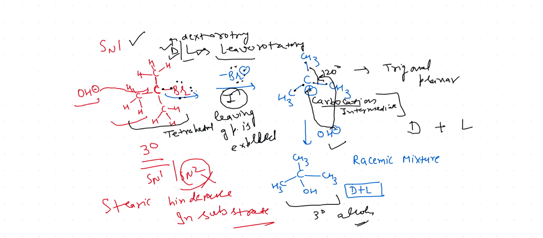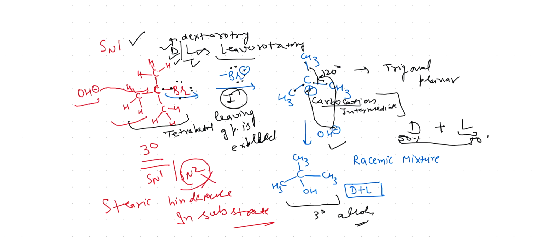You can see here bromine is on the right side. If we take a chiral compound, it is either in D form or L form. So here the product will be D plus L: 50% will be D form and 50% will be L form.